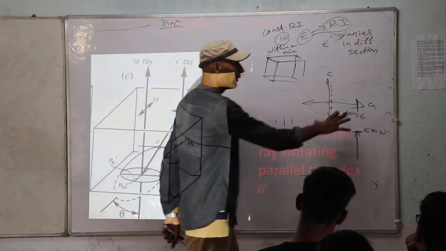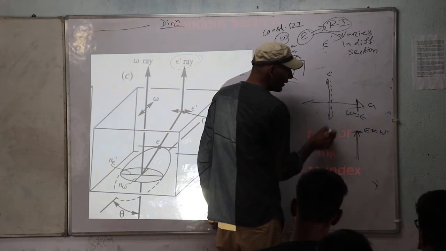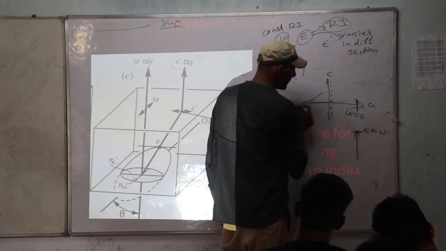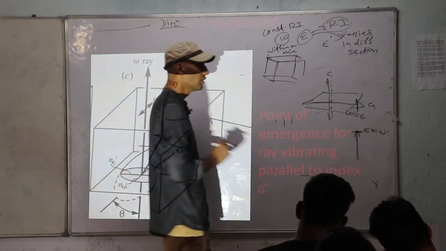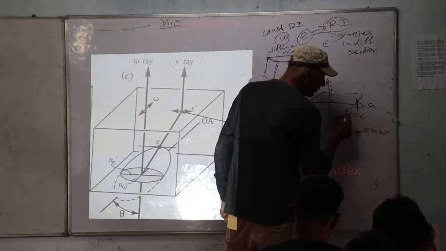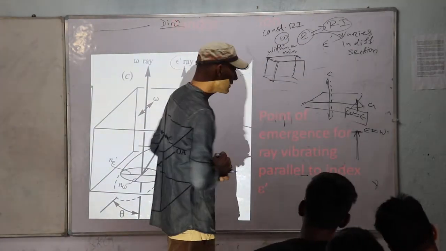When can you obtain that? When the section is perpendicular to the C axis. So in this section you are getting omega is equal to epsilon. In the principal section what happens?